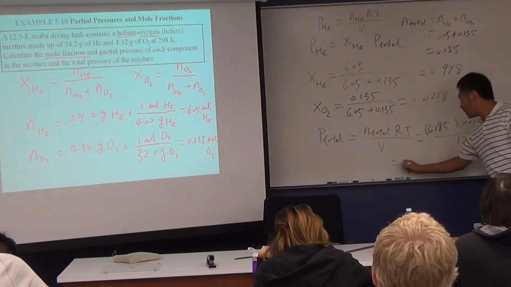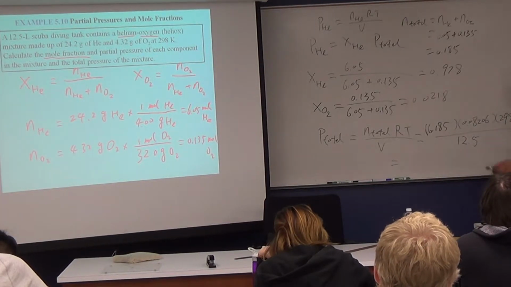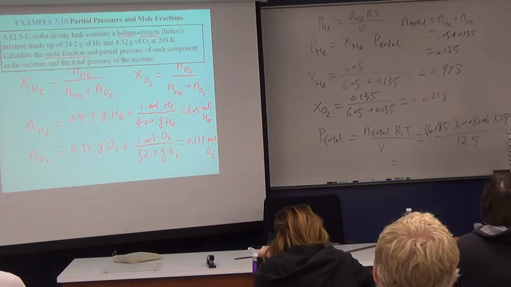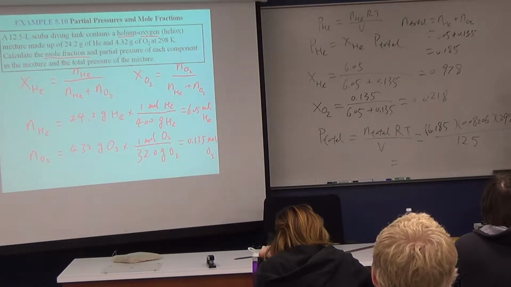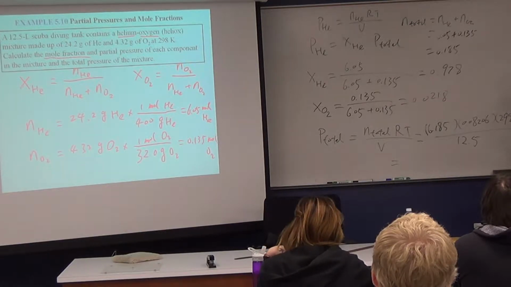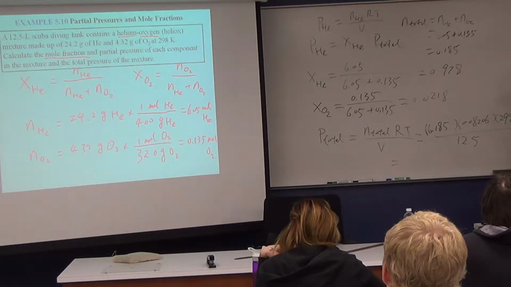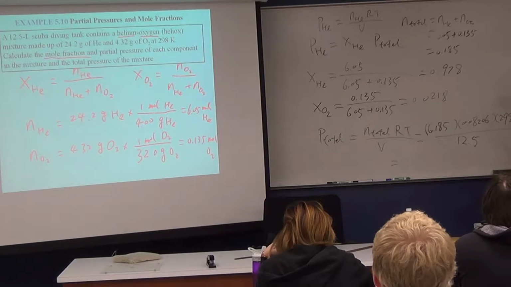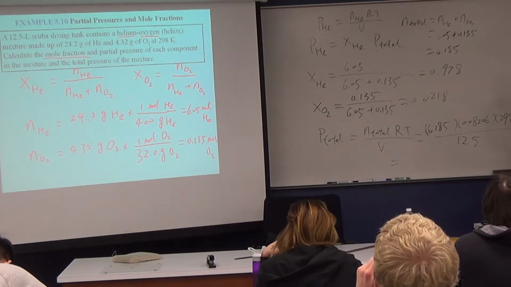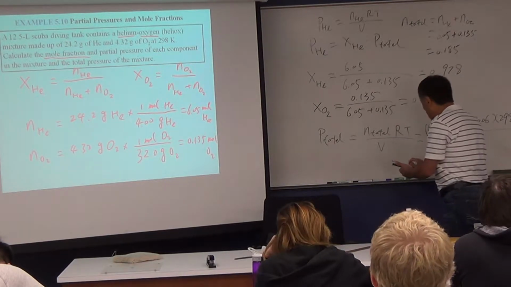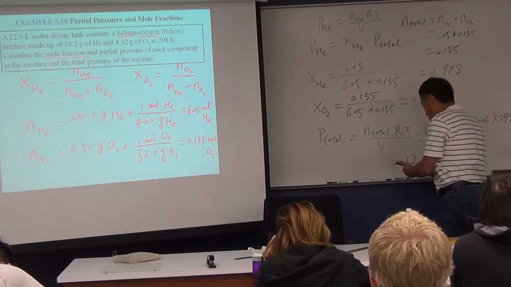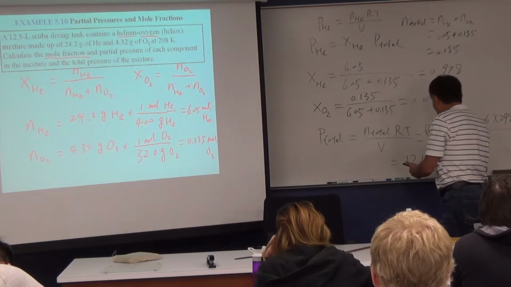So you just do the calculation and get the P total. Once you get the P total, use that to get the partial pressure. 6.185 times 0.0203 times 298 divided by 12.5, right? So you get 12.10.